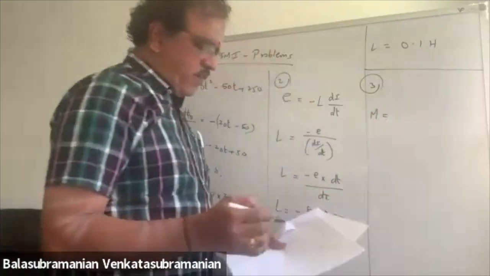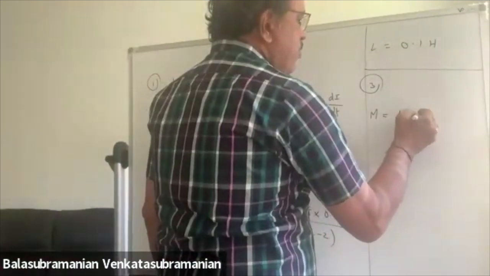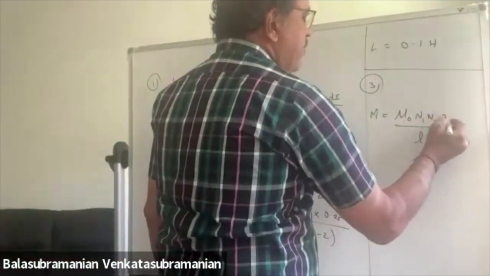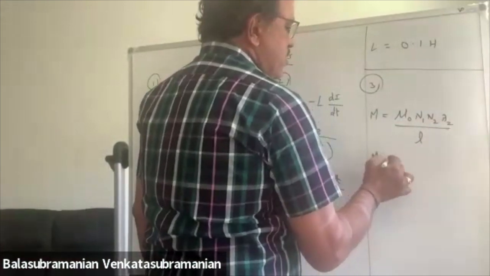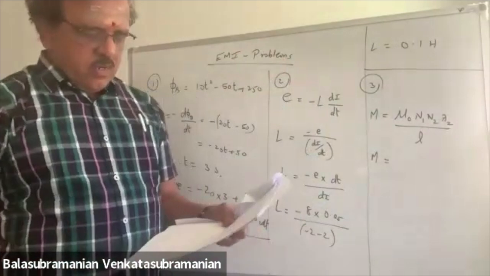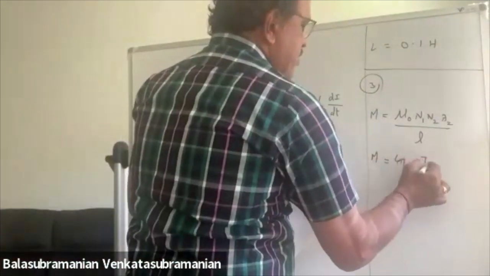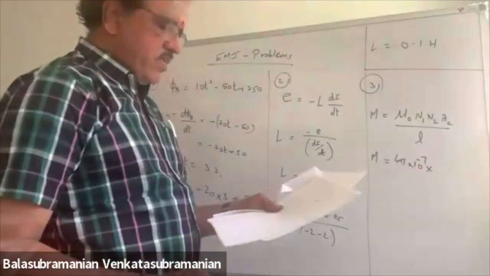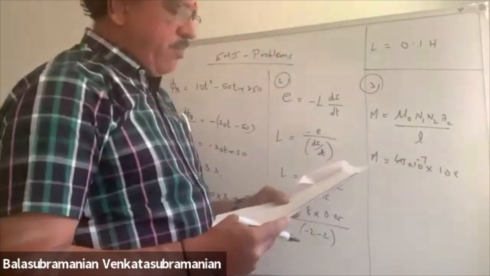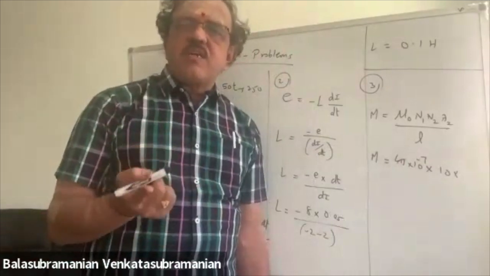Mutual inductance of a long solenoid carrying current is M is equal to mu naught N1 N2 A by L. Already we have discussed it; A is the area of the second coil. So the value is 4 pi into 10 power minus 7. Number of turns N1 is 10, and N2 will be 15 turns per centimeter, which you have to convert into meter.